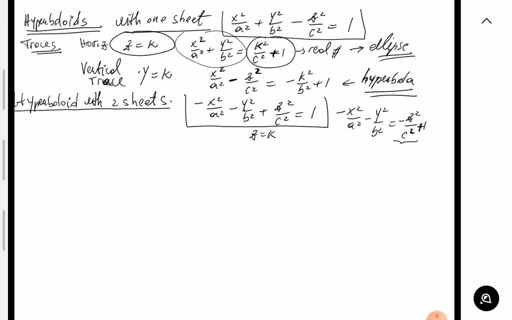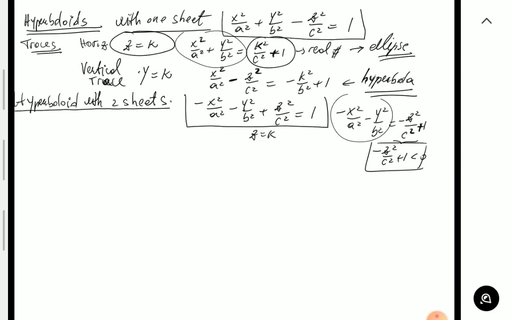So this should be negative for the expression to make sense, right? Because on the left side you have a negative quantity, so minus z squared over c squared plus 1 should be less than 0.